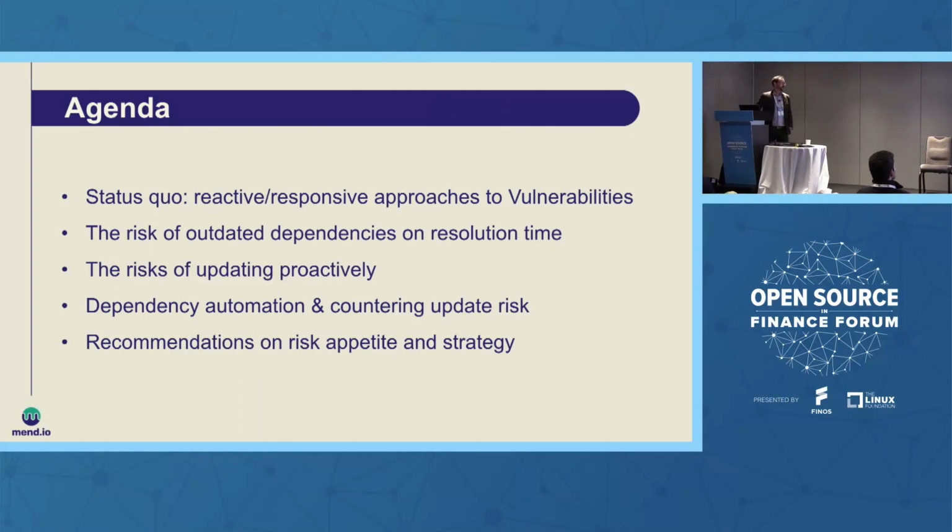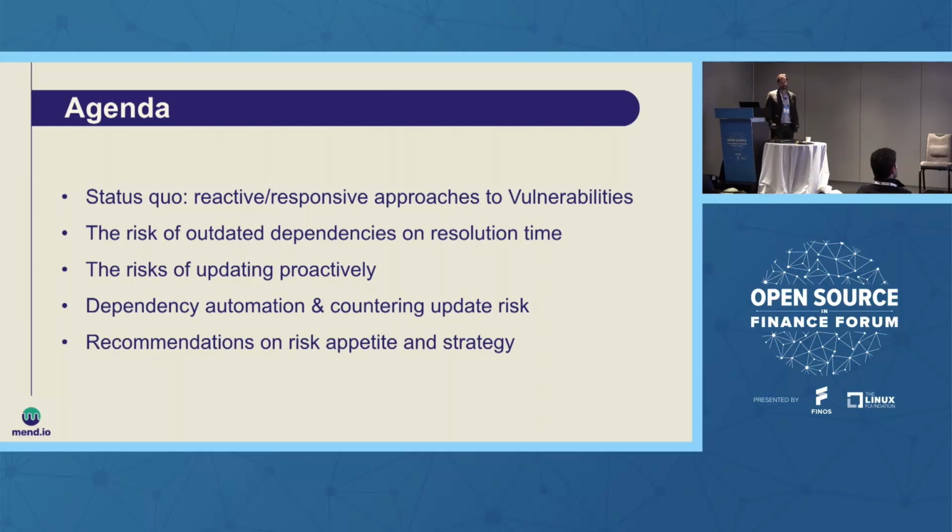All right. So just telling you up front the kind of topics to expect. So first up, I want to get us on the same page, talk about the status quo. And that is really the reactive or responsive approaches to vulnerabilities that we have today. I then want to talk about the risk of outdated dependencies on resolution time.